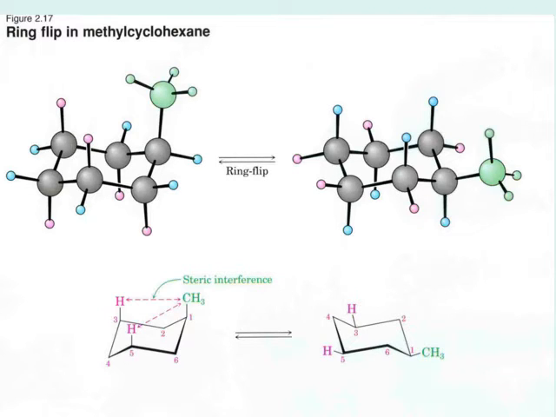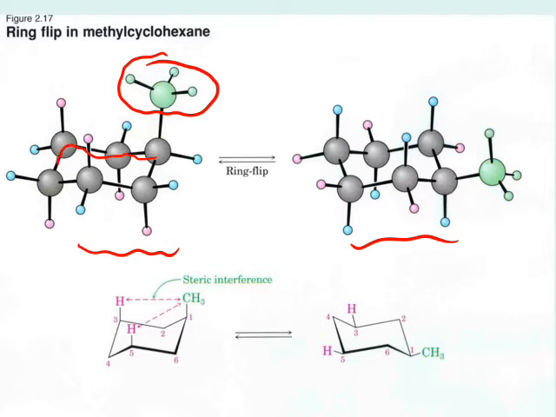In this slide, you're looking at two chair conformations. We can just flip from this one to this one. The big difference you see here is that the methyl group in this case is in axial position. Axial position is the perpendicular position to the ring structure of 6 carbon atoms.